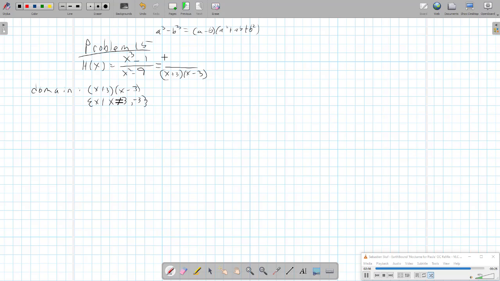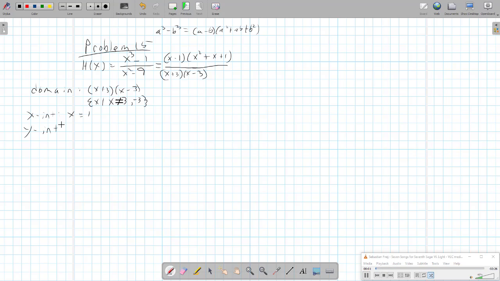If you don't remember the formula, that's what it is. So x minus 1 times x squared plus x plus 1. Doesn't look like anything's going to reduce. This only gives imaginary numbers, so the only 0 is going to be at 1. So x-intercept at x equal 1.